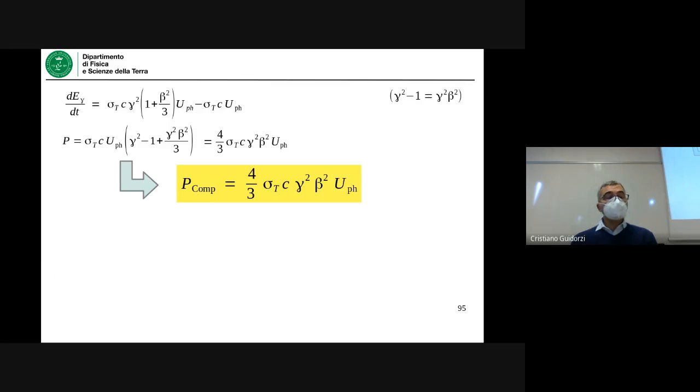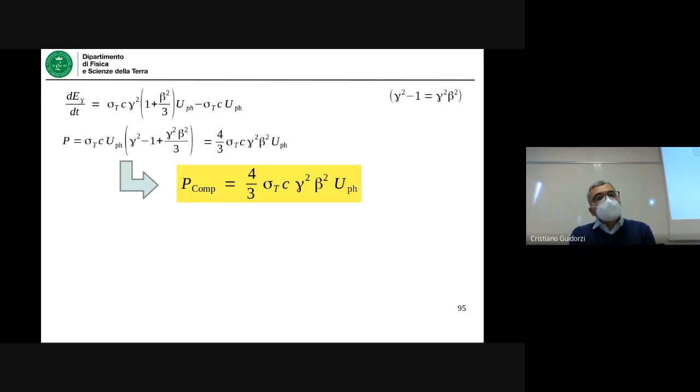The only implicit assumption that I just want to remind you is that the energy of the photons has to be such that the Thomson scattering regime in the moving frame of the electron is fulfilled. So we cannot consider too energetic photons in the initial population.